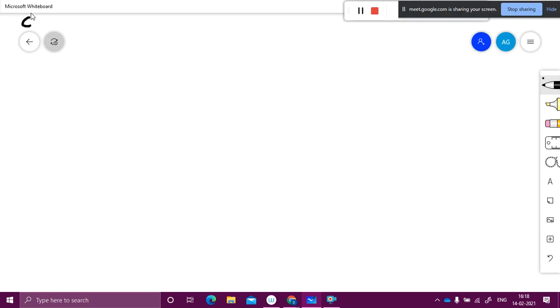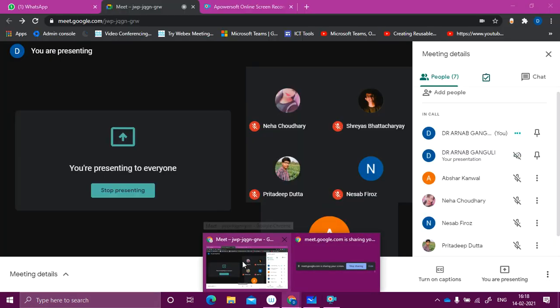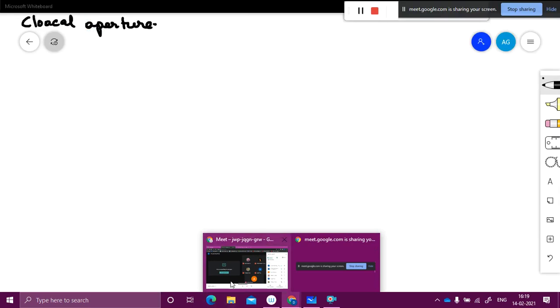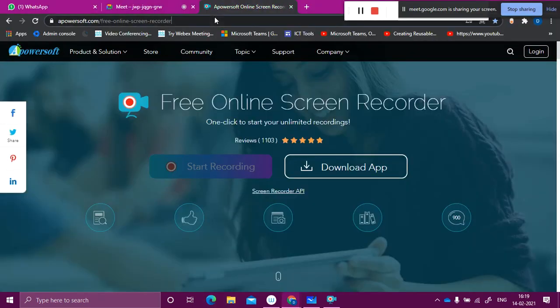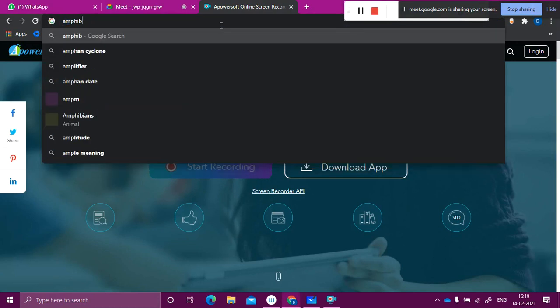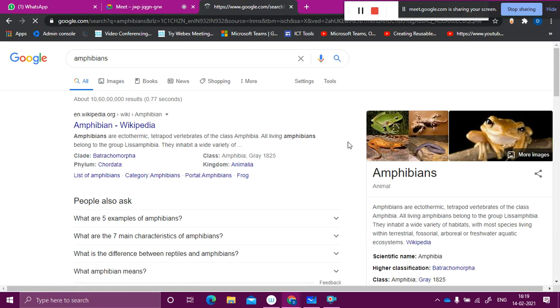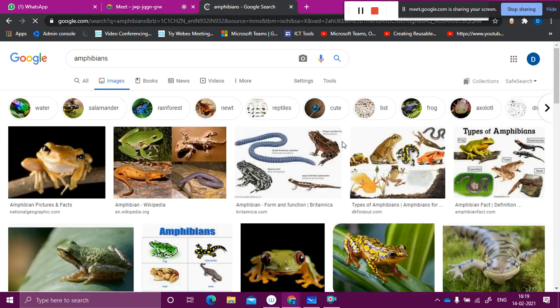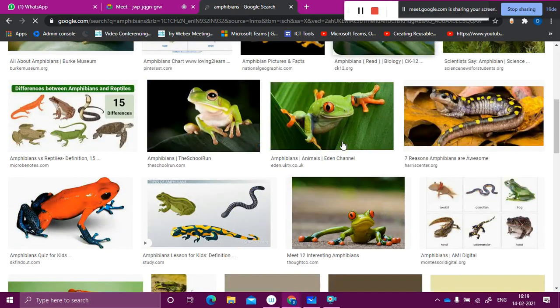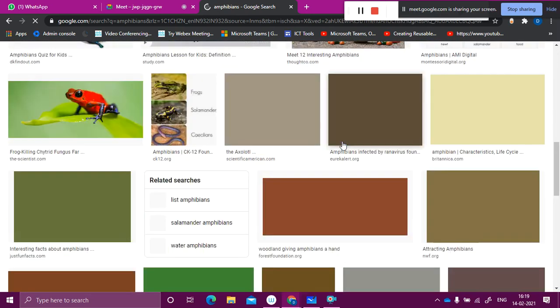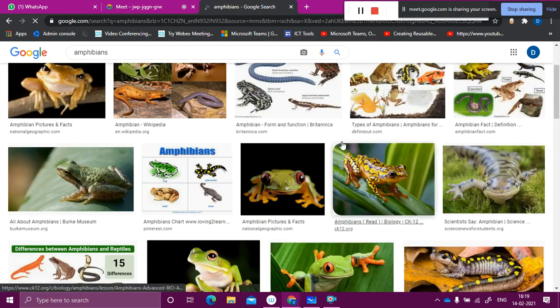Another important part is the cloacal aperture. So let us have a look at an amphibian. So these are all amphibians.